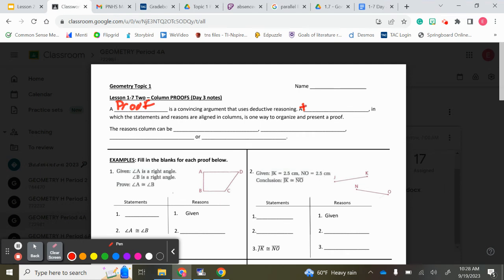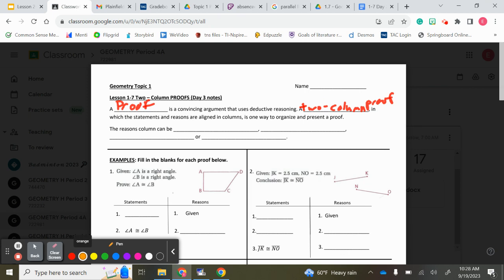A 2-column proof, in which the statements and reasons are aligned in columns, is one way to organize and present a proof.